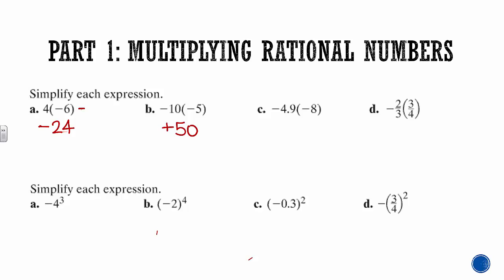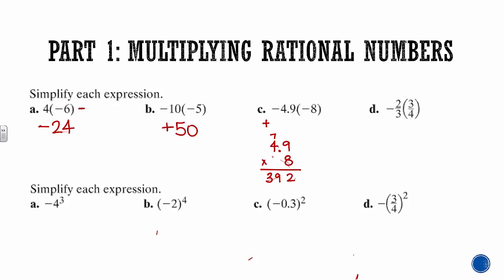Now this one we're going to have to do some work, but because both of these signs are negative, we know our answer is going to be positive. And then when we go to multiply these, you always put the number with more digits on top. And then we have to do 8 times 9. That's going to give me 72, so carry the 7. And then 8 times 4 is 32, plus 7 more is going to give us 39.